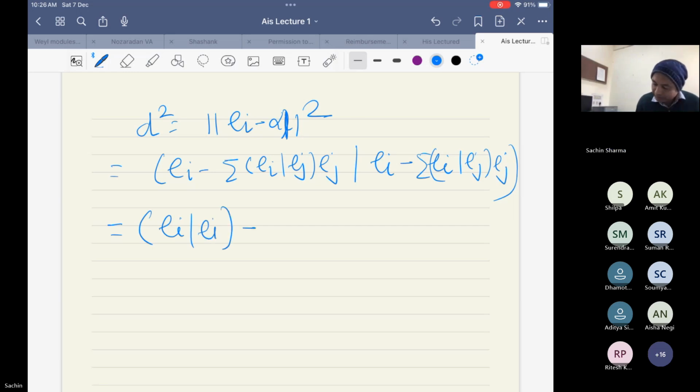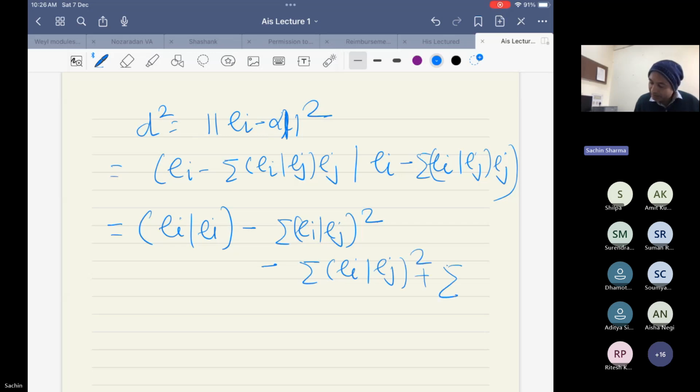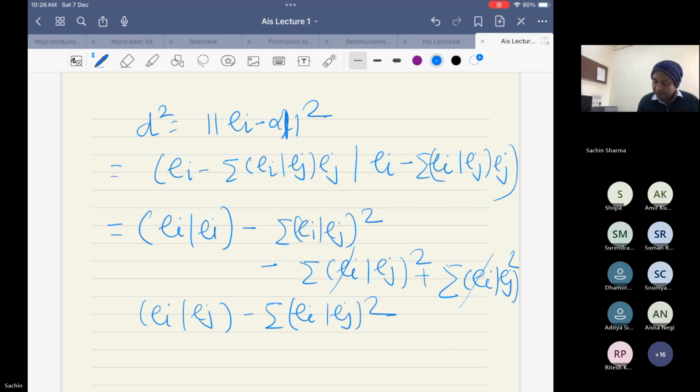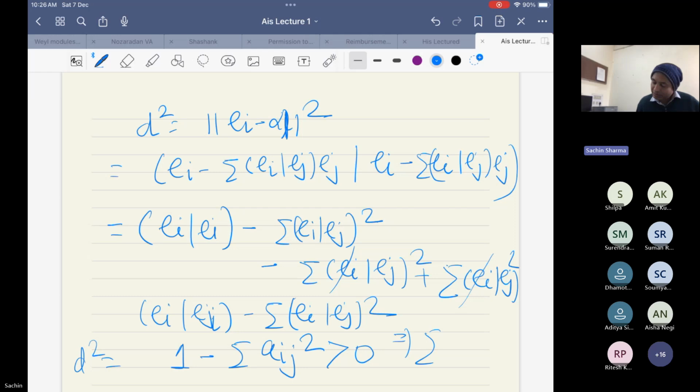This is 1 minus summation (e_i, e_j) squared minus summation (e_i, e_j) squared plus summation (e_i, e_j) squared, which is just 1 minus summation q_ij squared, and this is your d squared. So it has to be greater than 0, and that implies that summation q_ij squared is strictly less than 1.